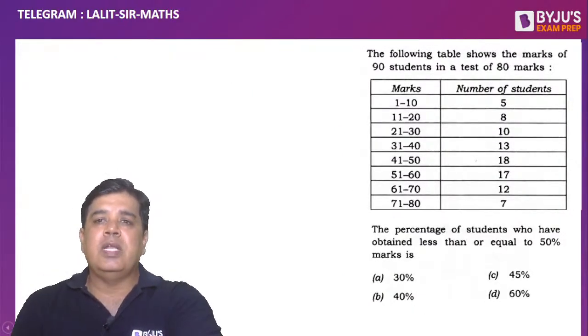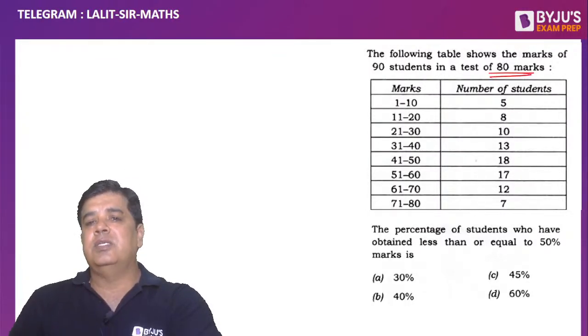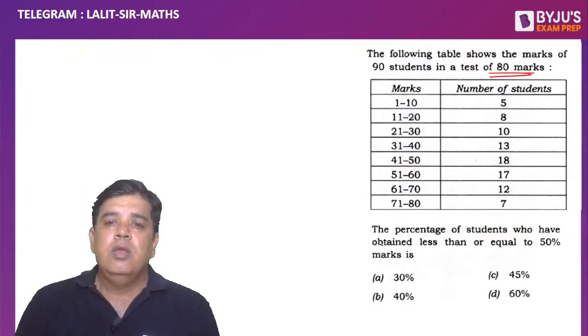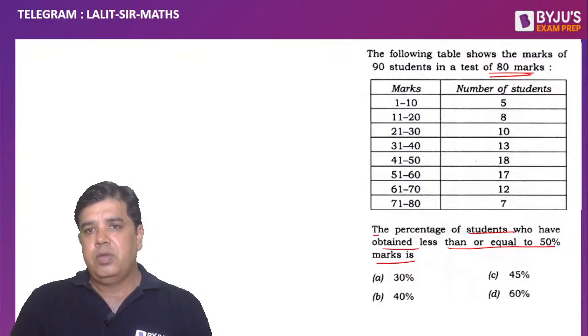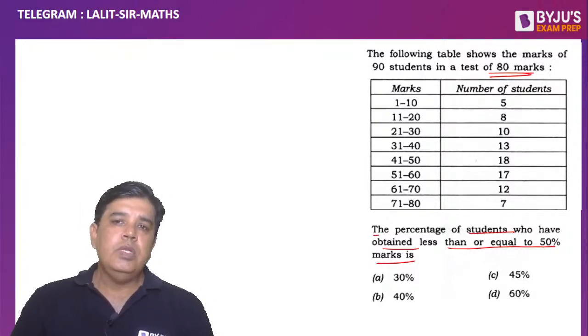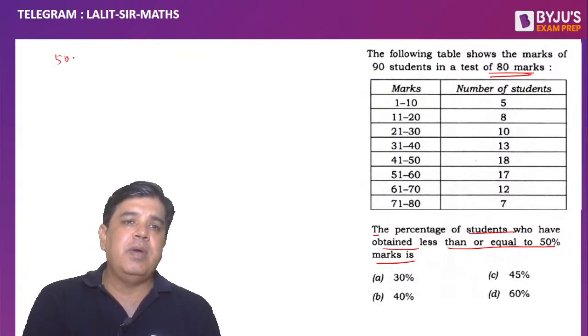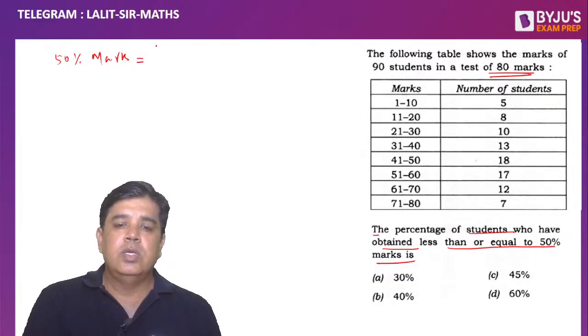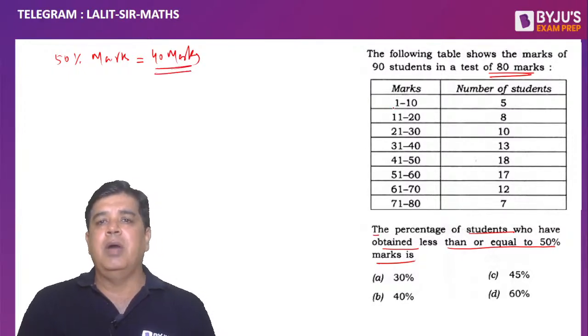From the following table, which shows the marks of 90 students in a test of 80 marks, the question is, find the percentage of the students who have obtained less than or equal to 50% marks, right? So 50% marks means 40 marks because the total paper is of 80 marks.